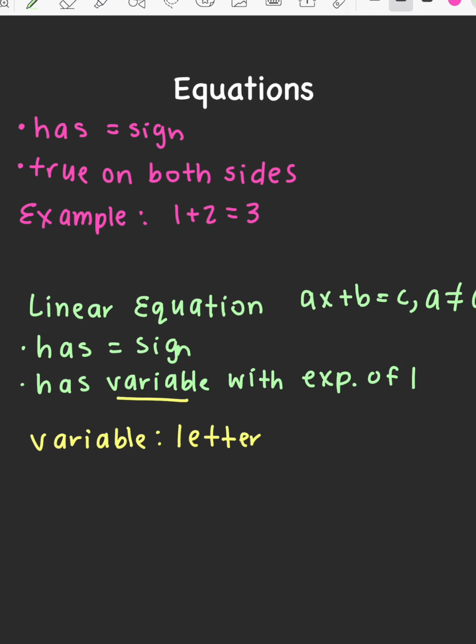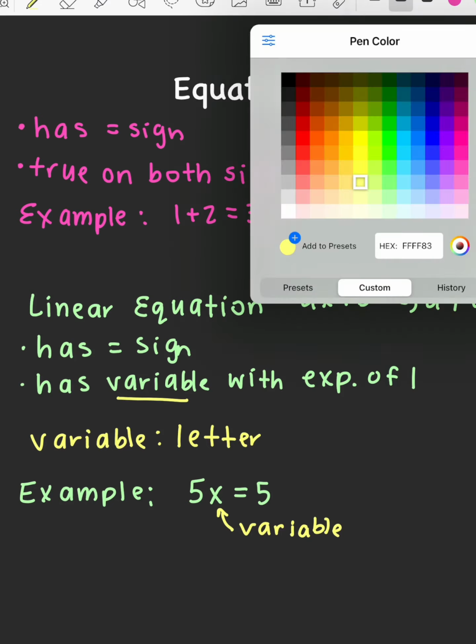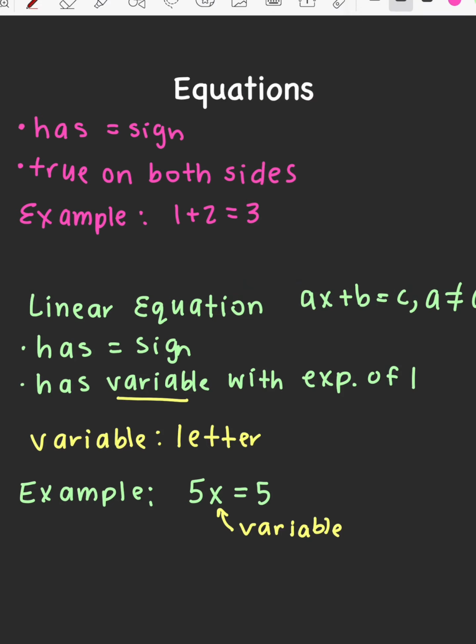So let's look at an example with that. An example of a linear equation is 5x equals 5, where the x is the variable and it contains the exponent of 1.